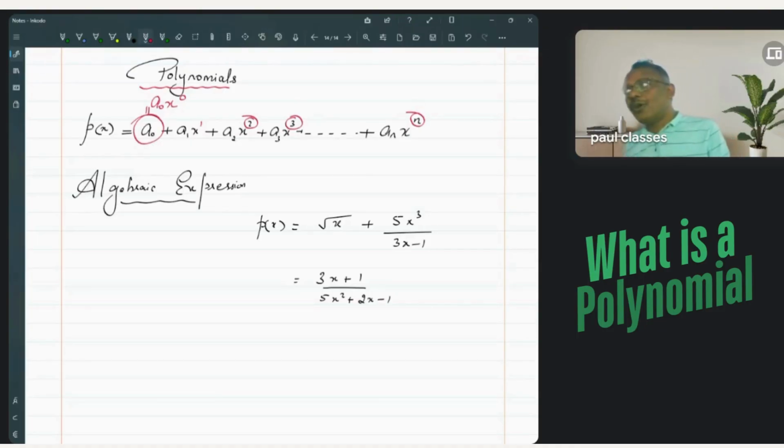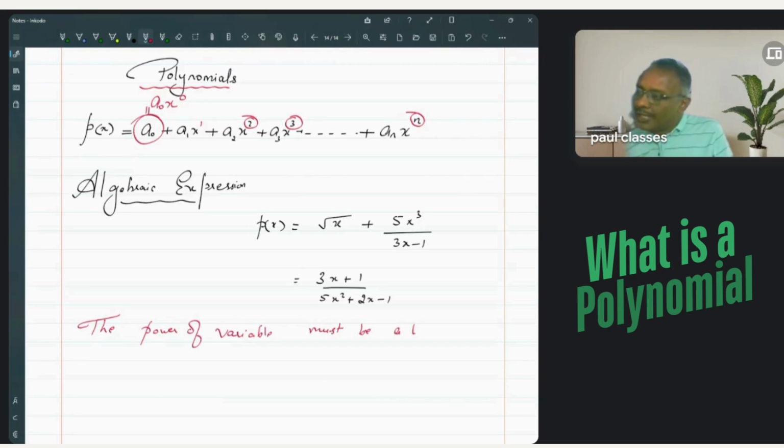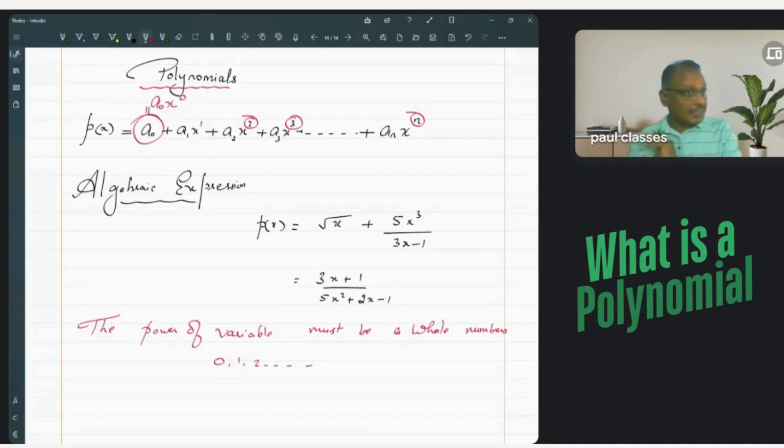So in a polynomial, the exponent, the power of the variable, must be a whole number. You know what whole numbers are? 0, 1, 2, 3. Nothing like decimals. The power of the variable should be a whole number for a polynomial.